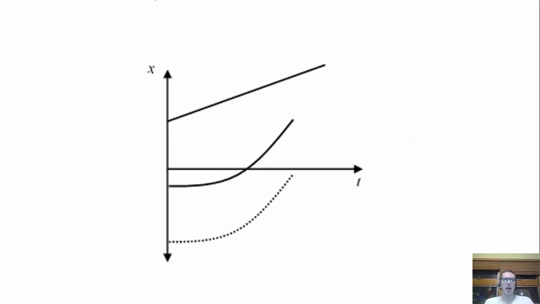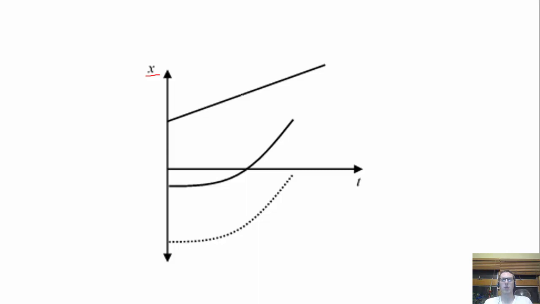Here, now pay attention. This is not a v anymore. Now we're talking about position. So in this graph, this is what we worked with initially, and this is the buggy car. This is the one where, in a given period of time, you go so far.